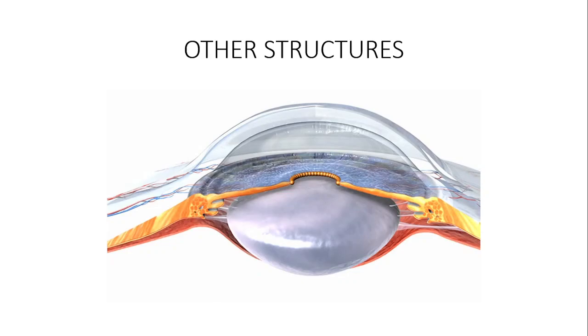So during accommodation, what are some of the findings? The ciliary muscle contraction. This is the ciliary muscle here, it contracts. Then the ciliary ring diameter, what happens to it? It reduces.